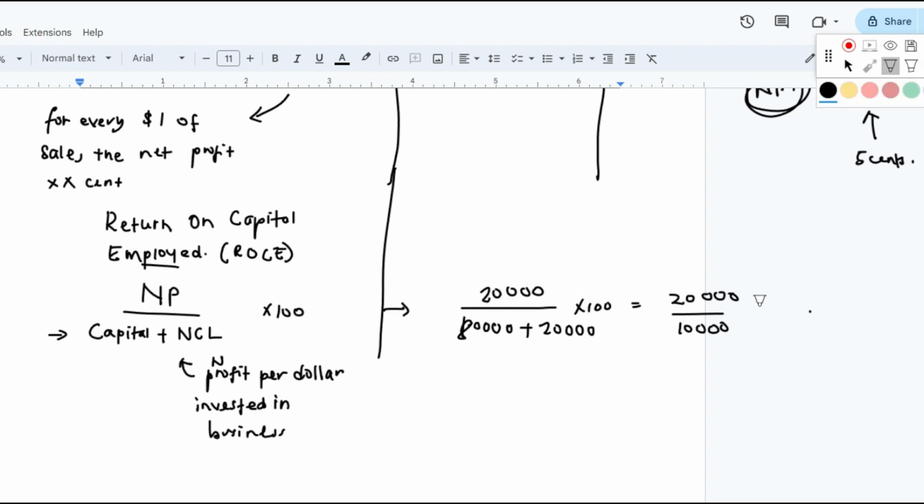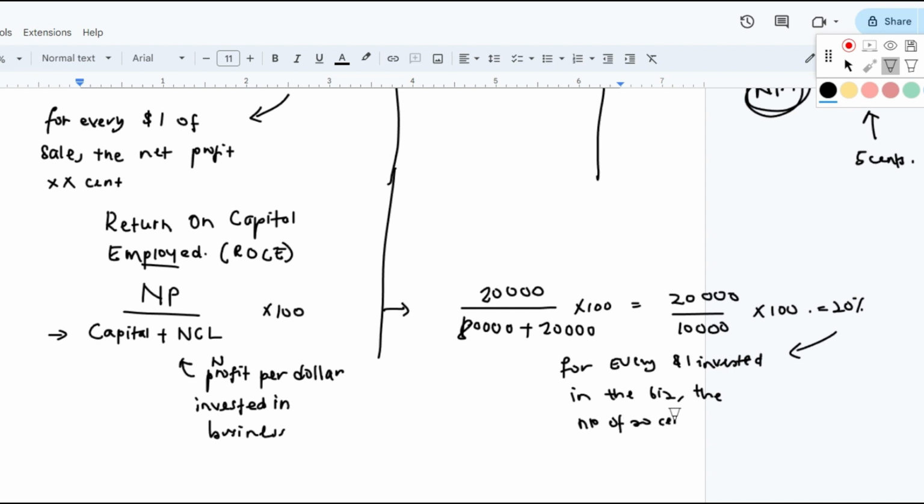So that gives us 20%. Okay. So, what does this tell? This tells us for every $1 invested in the business, the business worked hard to produce net profit of 20 cents. Okay.